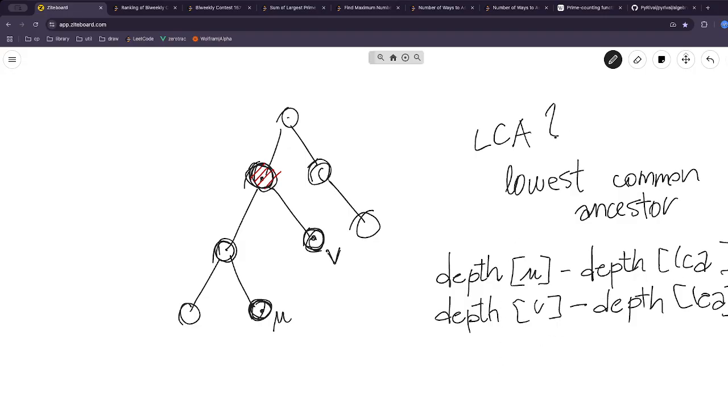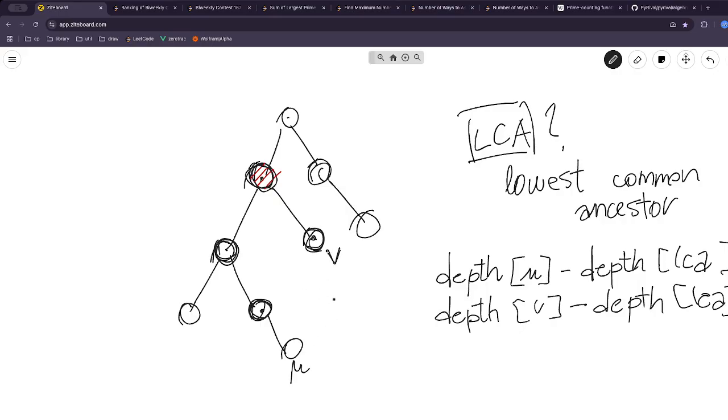So how do we get the LCA quickly? That is the question. So the basic idea is, how do we find the LCA? Let's make it more complicated.